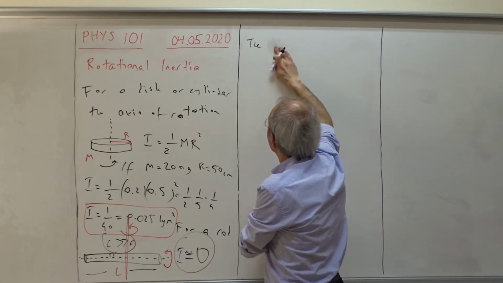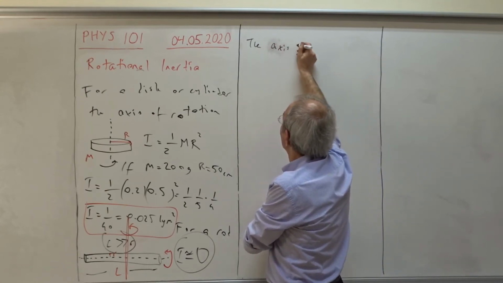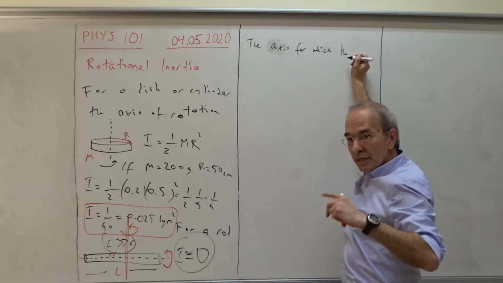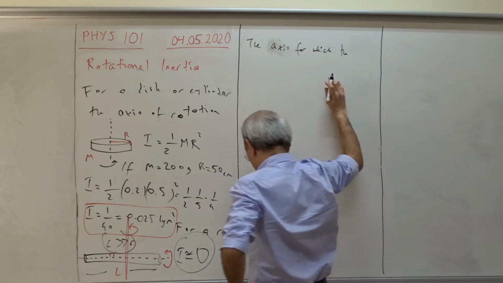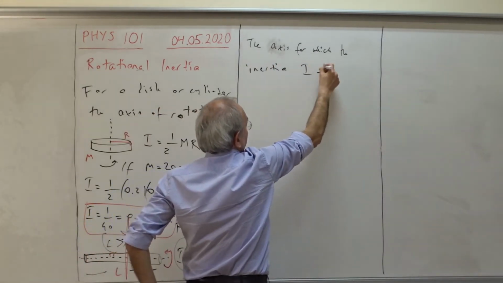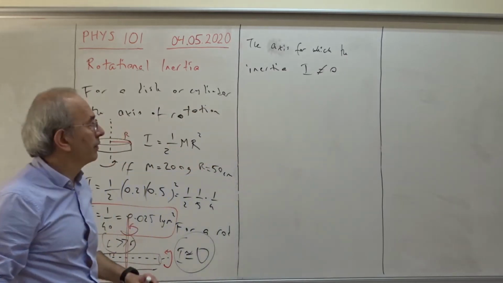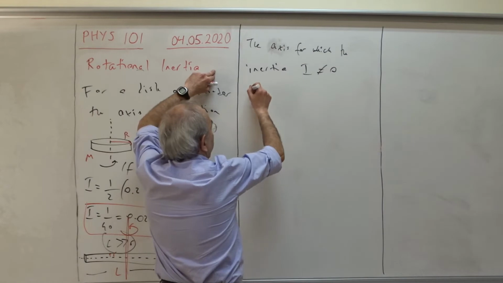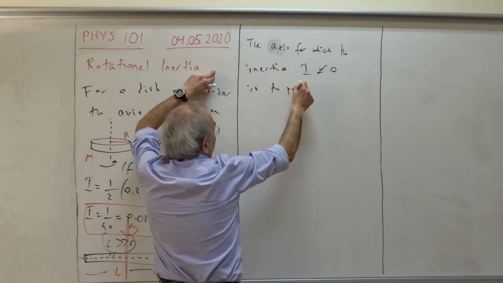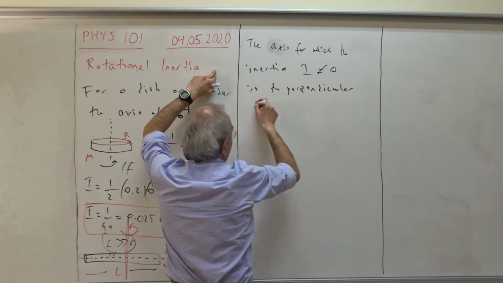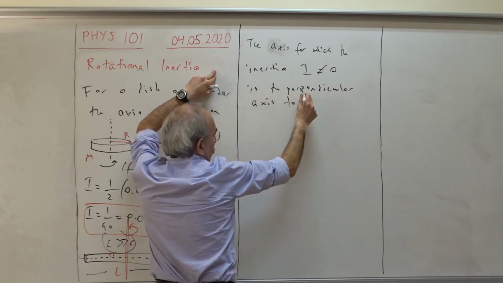The axis for which the inertia is not zero, I is not zero, is the perpendicular axis to the rod.